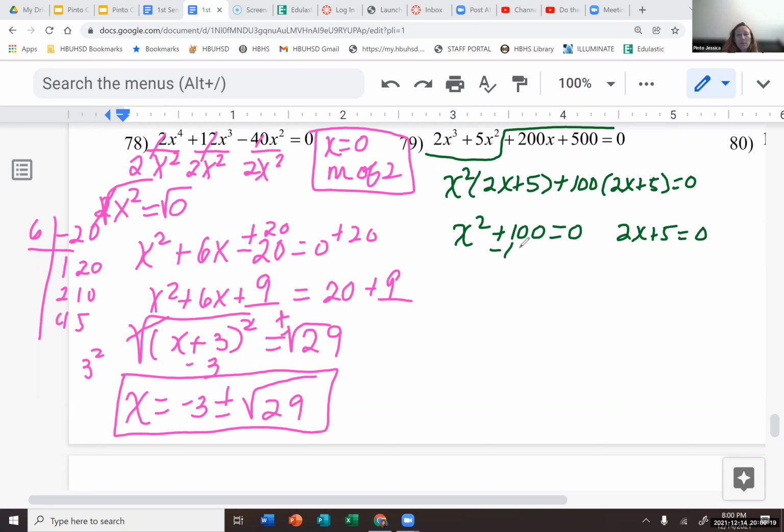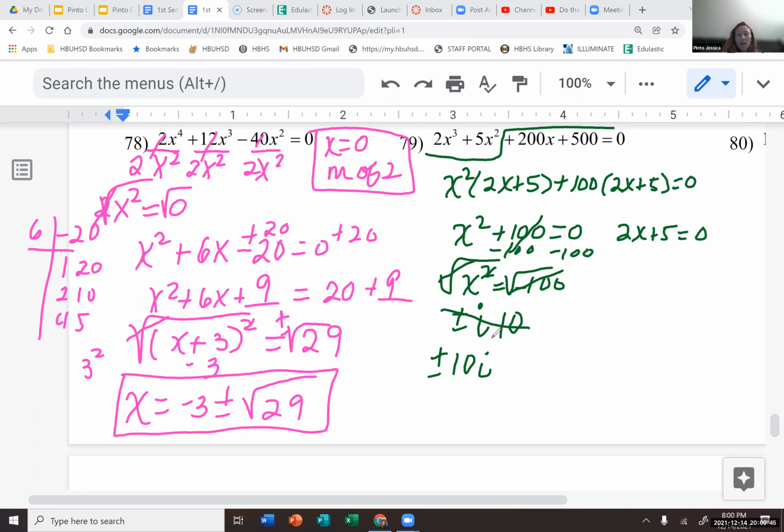For the first one, we subtract 100. And I've got x squared is equal to -100. And then I take the square root. And I get plus and minus. And since there's a negative in the radical, i comes out. But the square root of 100 is just 10. So I've got i10, that looks wrong. I say plus or minus 10i.